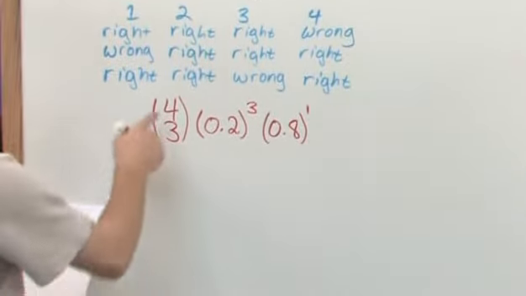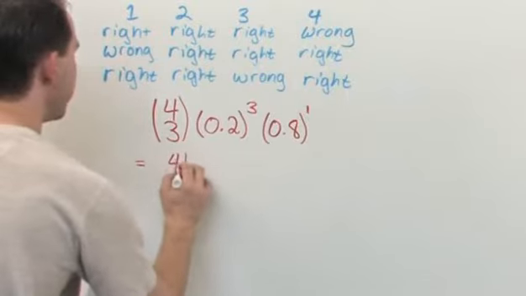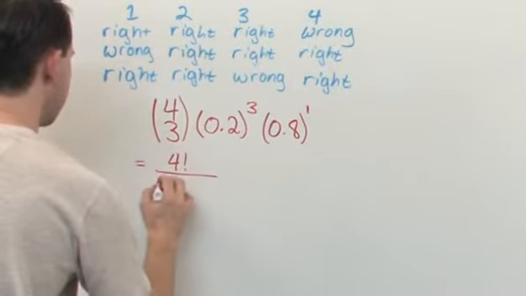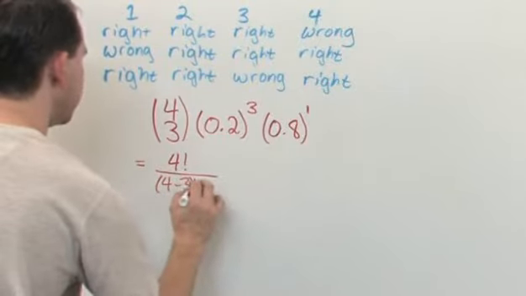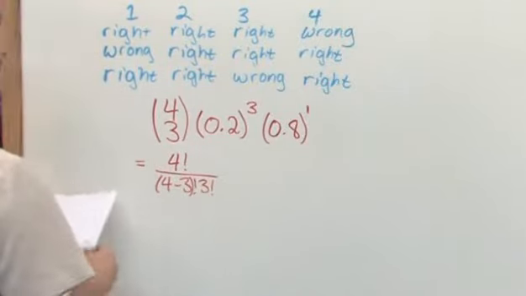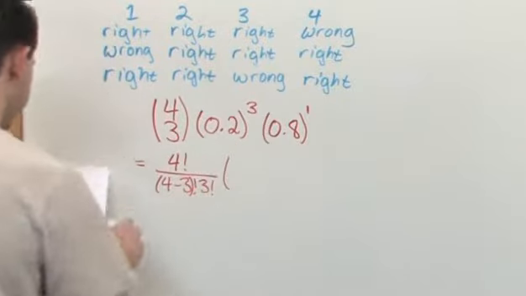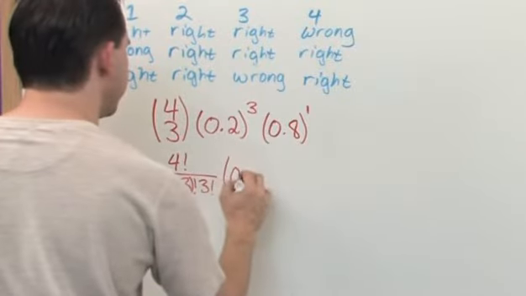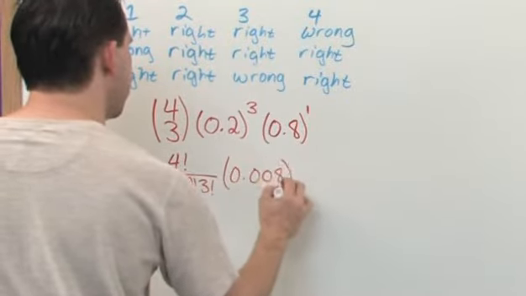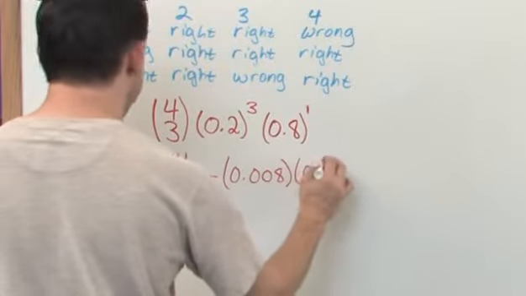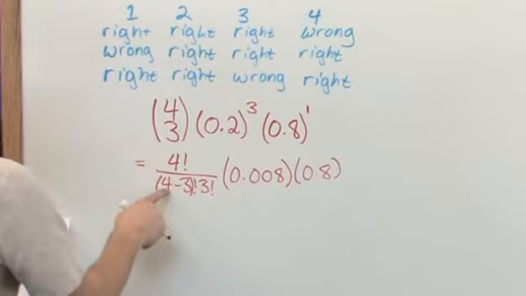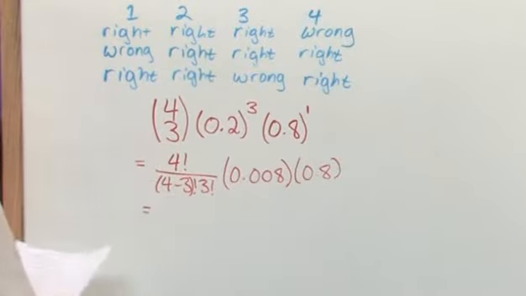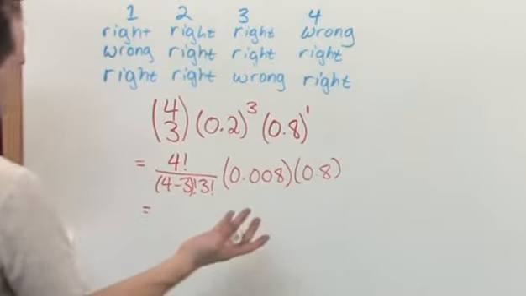So expanding on this more, you should remember this is 4 factorial over 4 minus 3 factorial times 3 factorial. Okay, and then when you multiply 0.2 times 0.2 times 0.2, you get 0.008, and then of course the 0.8 stays the same. On the top here, you're going to have 4 factorial. 4 minus 3 is 1 factorial, and 1 factorial is just 1.